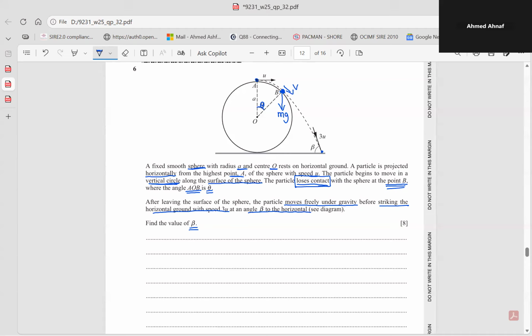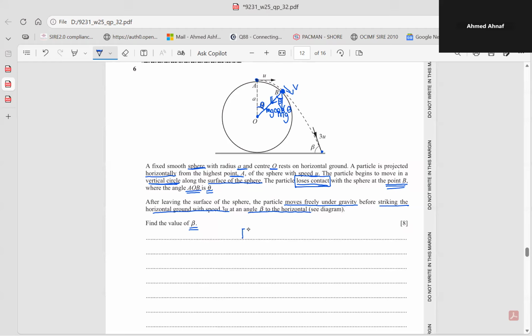And the centripetal force has to act towards the center of the circle. So this is the way it acts, and by simple trigonometry, you can easily find out that the value of that component is mg cosine theta. So that's the only centripetal force acting on it.